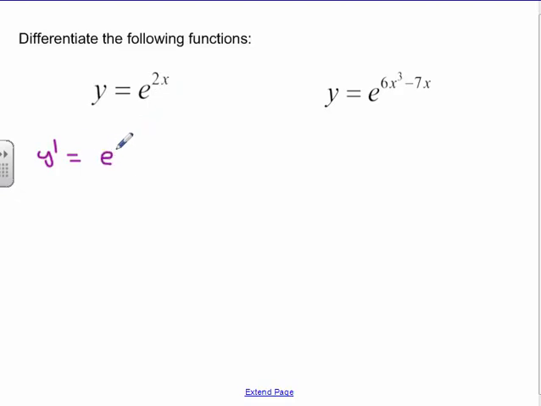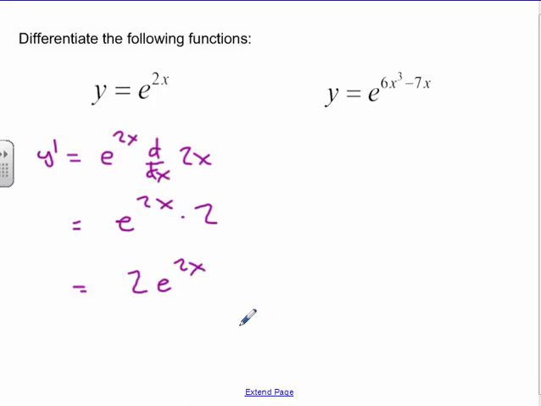The derivative of e to the 2x will stay itself, but then we have to chain on the change, right? It wasn't x, it was 2x. So I have to derive the 2x. I have to chain on the baby concept. So this ends up giving you e to the 2x times 2. So its derivative is 2e to the 2x. So hopefully that made sense here.